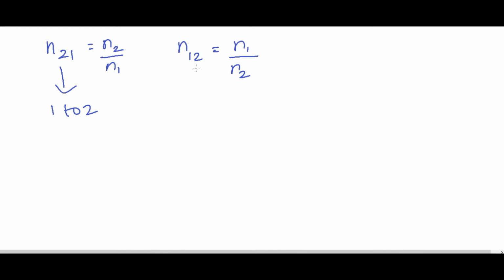What about n12? It is 2 to 1. You can see the variation in the way of representing in the ratio format: it is n2 by n1, n1 by n2. So which formula is apt for the diagram given before? This formula only is correct.